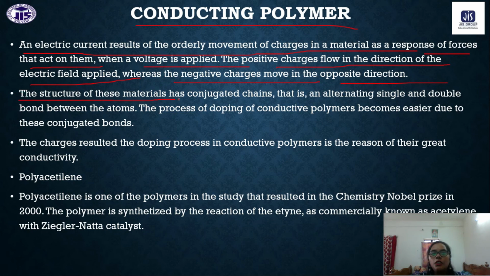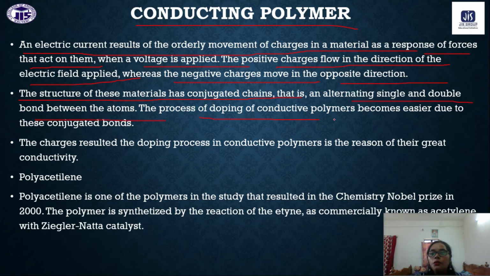The structure of this material has conjugated chains. As I told you, the special feature of the conducting polymer is that it should have a conjugated system. That means alternate double bonds or triple bonds, alternating double bonds between the atoms.